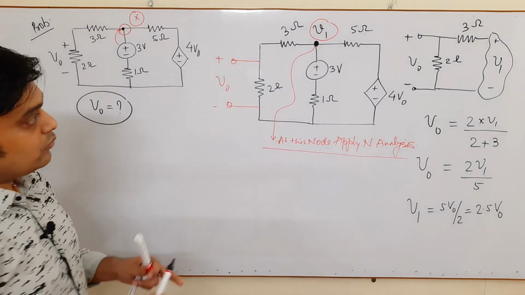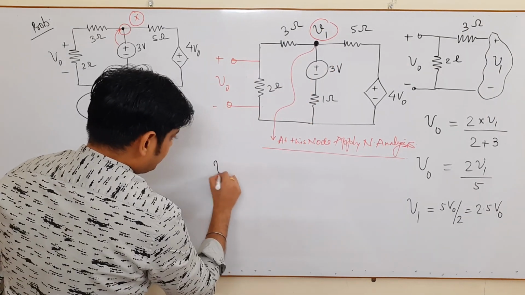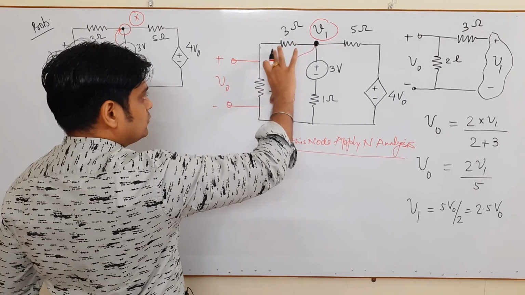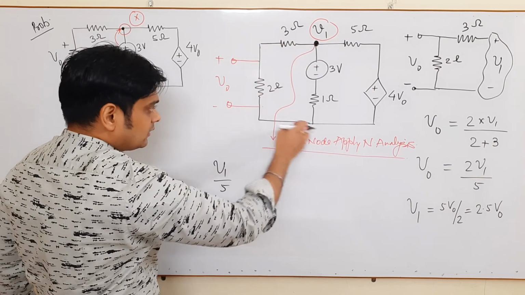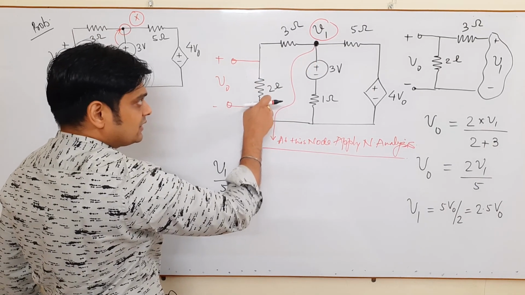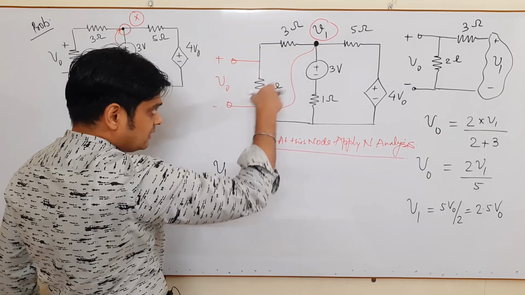So what will happen? This voltage V1 upon 5, that is 3 plus 2, since the resistances are in series, so the current here is this voltage divided by the sum of these two resistances. So V1 upon 3 plus 2, 5. That is the current which is coming here.